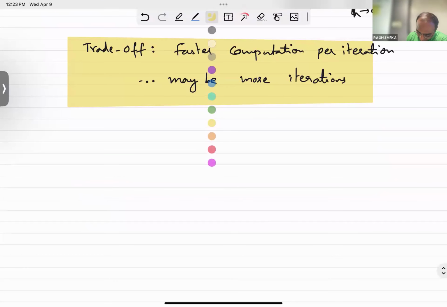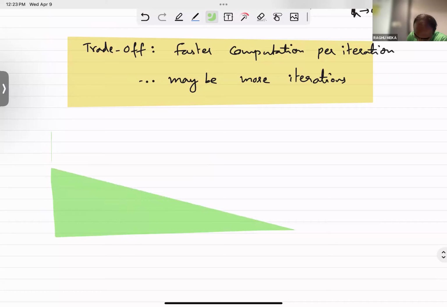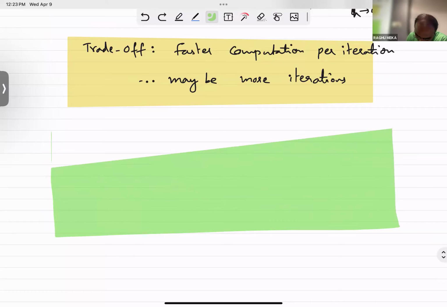The abstraction that we will use, and which is very helpful, is the following.